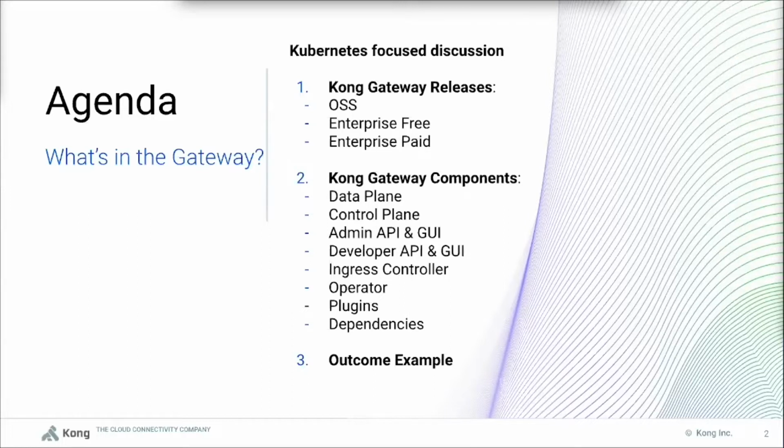You may be aware that there are many different ways to install Kong. We'll get into that. We're going to jump into a little bit about the developer portal, the future operator, the Kong operator, plugin options, and some of the dependencies that you may use when deploying a Kubernetes Kong gateway.